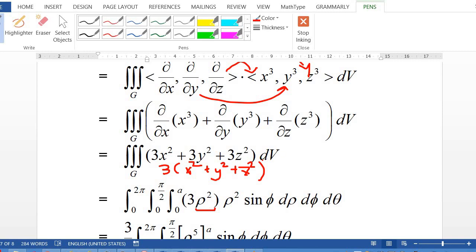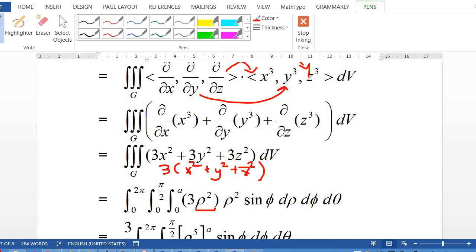Since the solid G is an upper hemisphere, this type of sphere, we solve the triple integral using spherical coordinates. For spherical coordinates, dV is rho squared sin phi d rho d phi d theta.